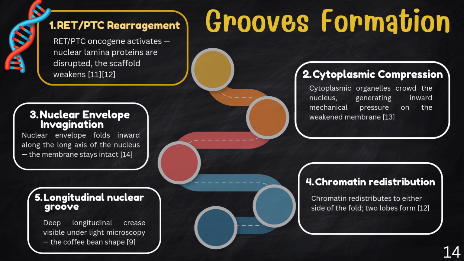The first one is RET-PTC rearrangement. The second one is cytoplasmic compression with biophysical force. Next, nuclear envelope invagination, which is the nuclear envelope folding inward. Next, chromatin redistribution. And the last one is the longitudinal nuclear groove.